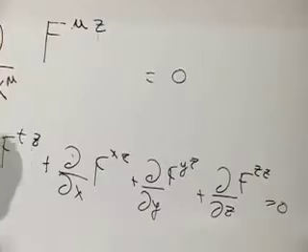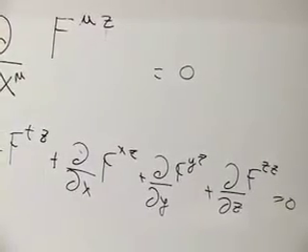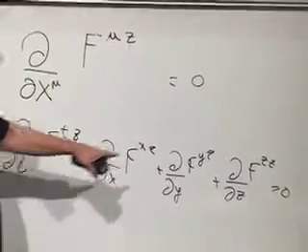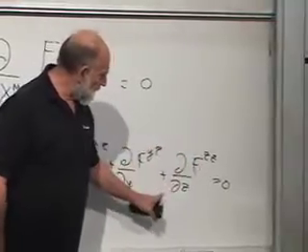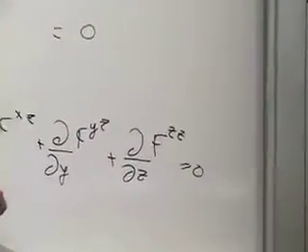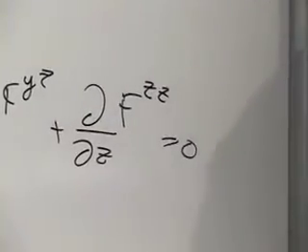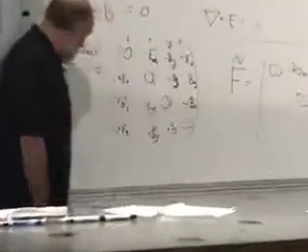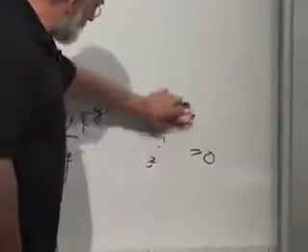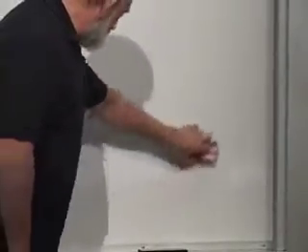That's what this would say if it's true. Okay. What about this term? Derivative with respect to z of F z z. F z z is 0 because all of the diagonal elements are 0. All right, so we can forget this.